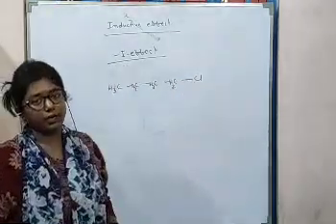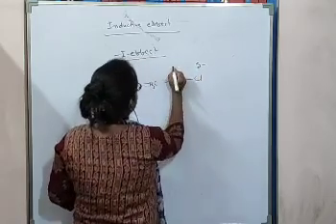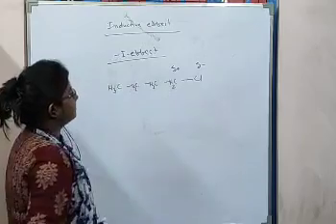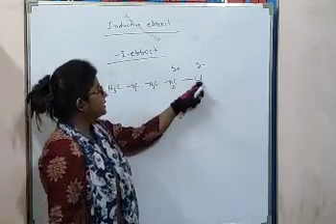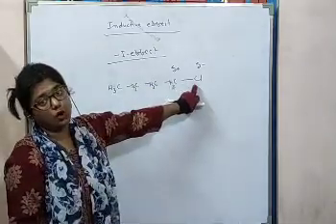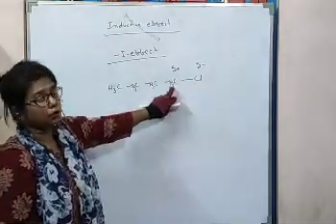Halogen is an electronegative atom. It carries delta negative, and this carbon carries delta positive. Now this chlorine donates its electronegativity towards this carbon.